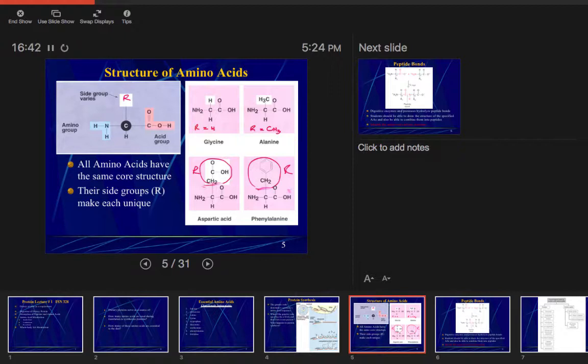The other 2 amino acids that I want you to know the structure of are phenylalanine and tyrosine. And you'll see why I picked those 2. Here's phenylalanine. All right, central carbon. All you have to do is off your central carbon, CH2, aromatic ring. That's it. What's the difference between phenylalanine and tyrosine?